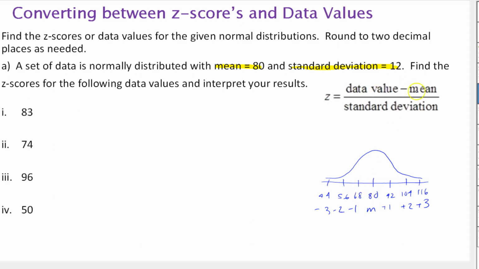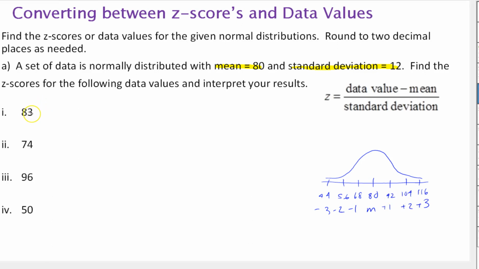Then dividing by the standard deviation tells us how many standard deviations that difference is. We'd have negative 12 divided by 12 is negative 1, which gives us our result. But now we can have values somewhere in between. It's important to know how to compute these, but also try to get a feel for what the values represent so you can have number sense about the distributions.